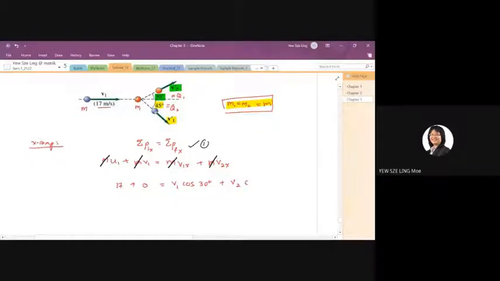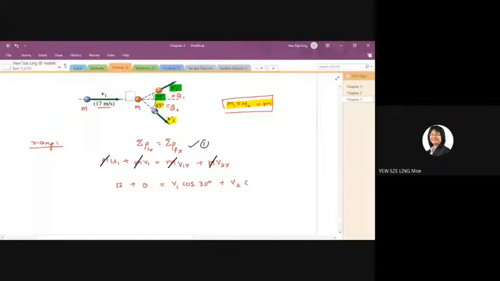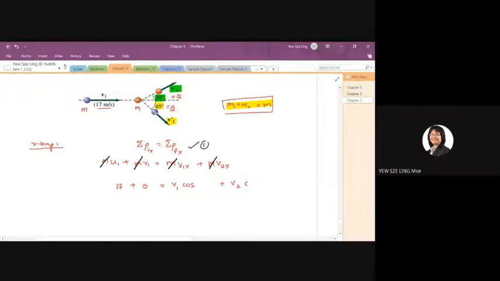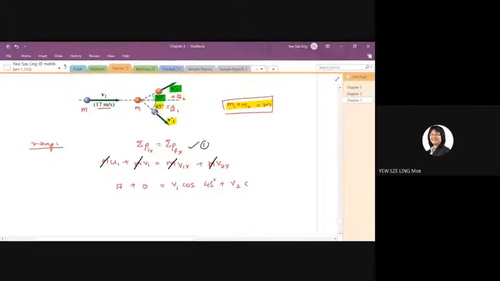Sorry, I made a mistake in my diagram. This is not 30, this should be 1, this should be 2. So theta 1 is 45 degrees, theta 2 is 30 degrees. So V1 cos 45 degrees and V2 cos 30 degrees.